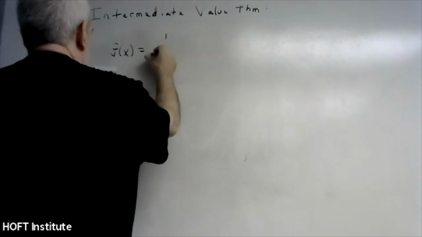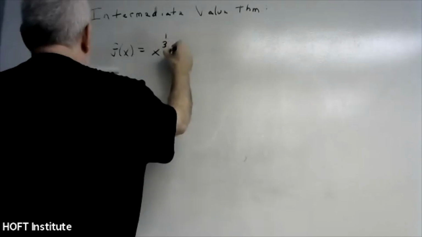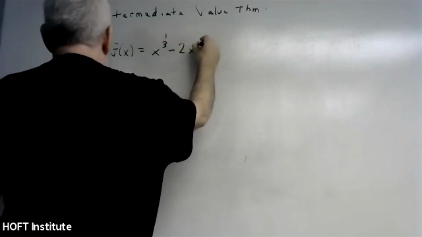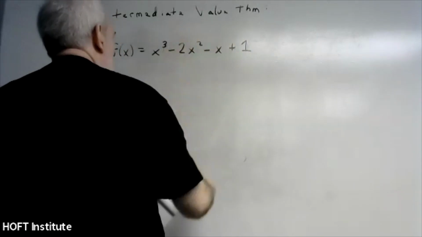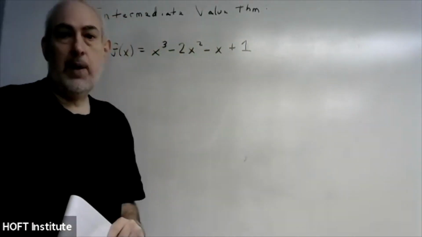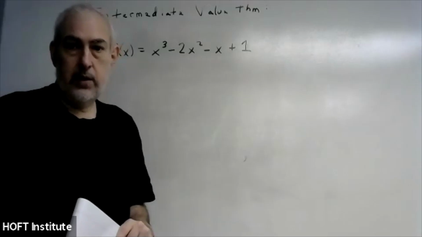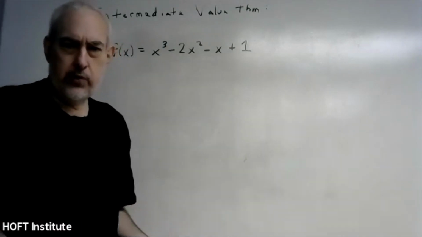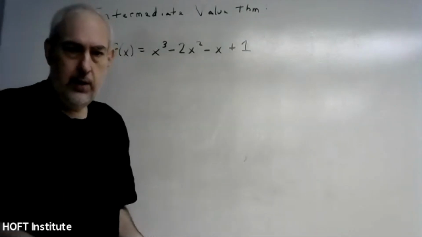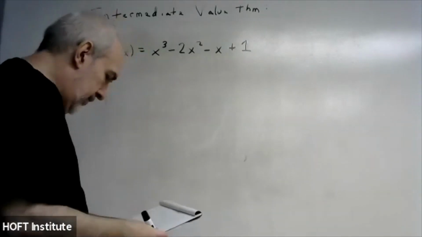So it's values where the function equals 0, like the y-coordinate equals 0. So let's look at this function right there. I know that's a polynomial, and polynomials are continuous everywhere. And that's the first thing you need to check for, is that over whatever interval you're talking, is your function continuous? And yeah, this is going to be continuous no matter what interval I state.